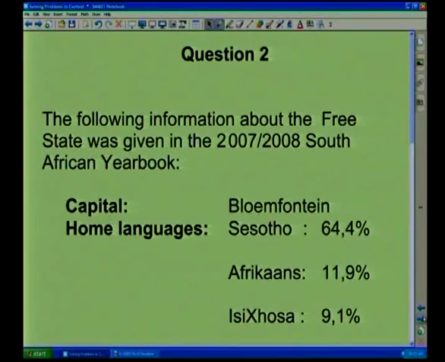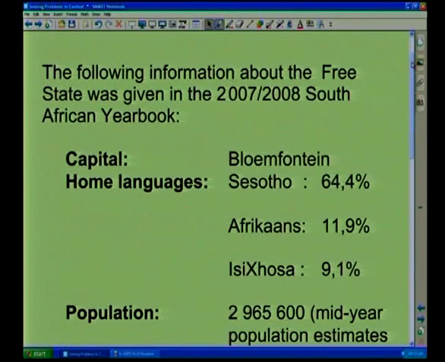All right, let's move on to question number 2. Now, question number 2 also follows on from our table and gives us some extra information. It says the following information about the Free State was given in the 2007-2008 South African Yearbook. We've got the capital there, the home languages, and we can see Sesotho, 64.4% speak it, Afrikaans, 11.9%, and isiXhosa is 9.1%.